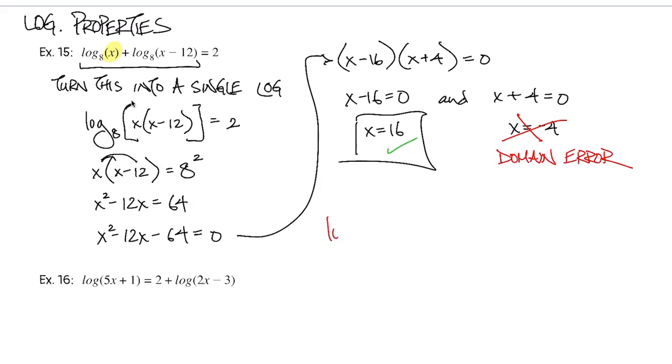So if you have log and the number, like you simplify the inside and you end up with a negative number, okay? After you've simplified, then yes, it will be a domain error, okay? All right. Any other questions right now?